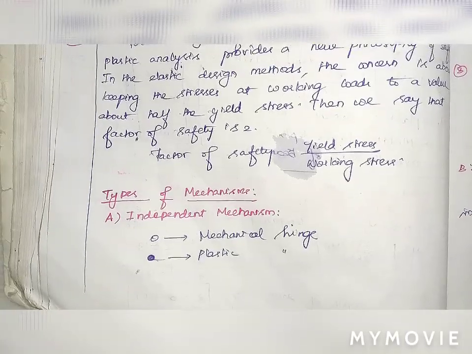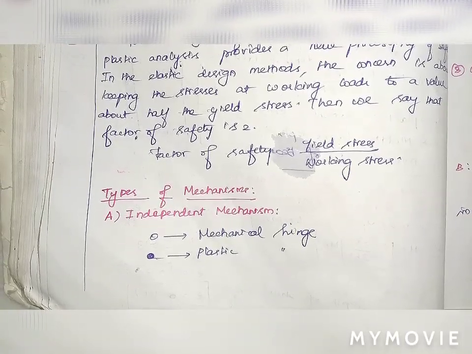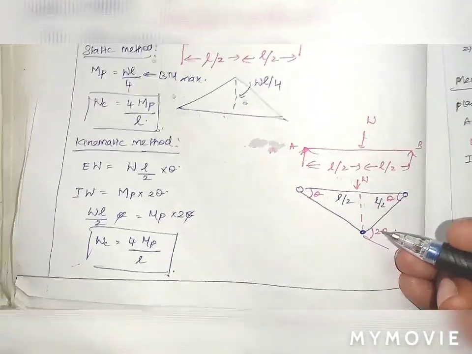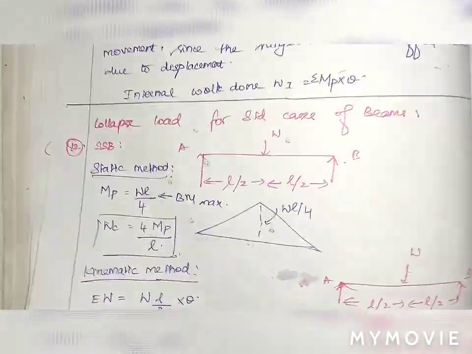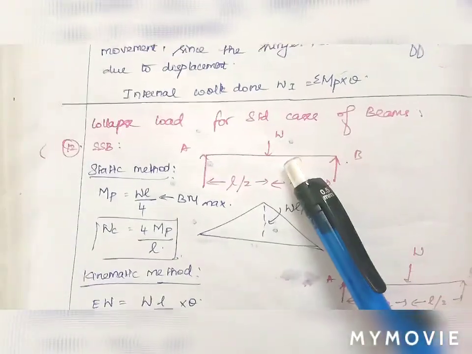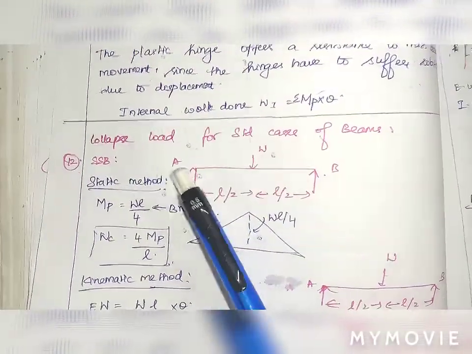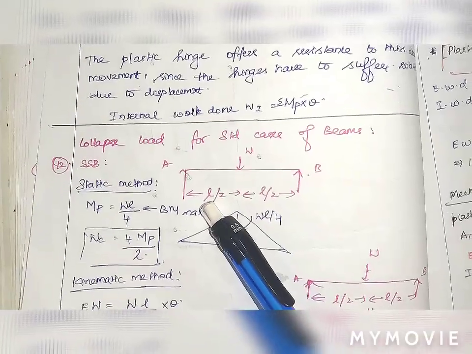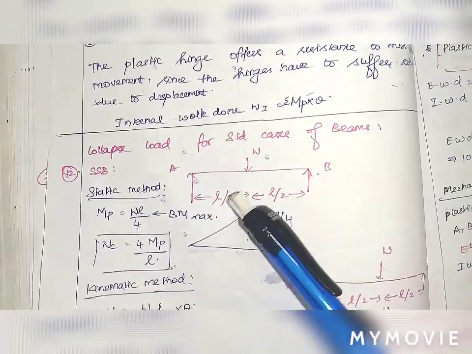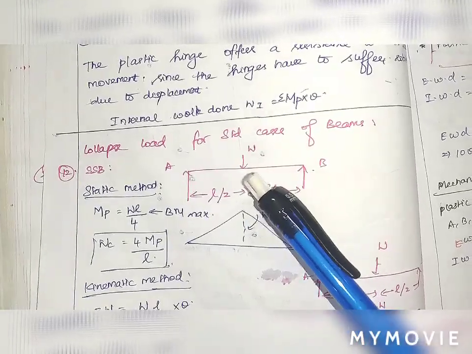Before knowing the types of mechanisms, why do we use the mechanism diagram? Usually in the problem they will ask you to calculate the collapse load or the plastic moment of a structure. That is, at the time of failure, what is the collapse load or the plastic moment that the structure resists.